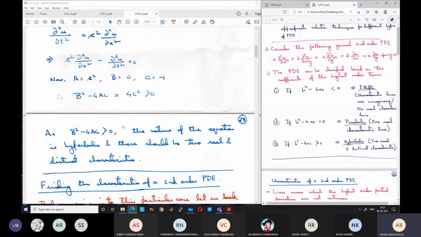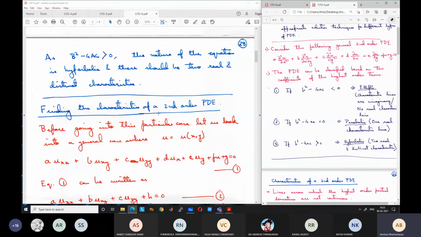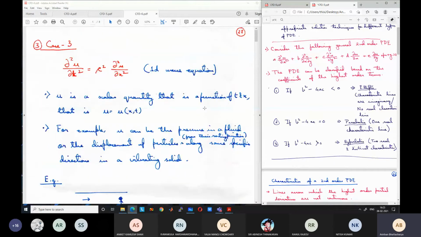So to understand that, we will just pause for a moment with this case 3 and go into finding characteristics of a general second order PD, and then we will come back again to this hyperbolic case, okay, to see how to find the characteristics.